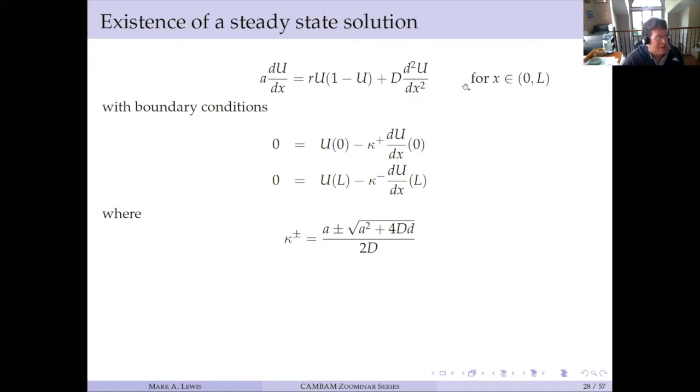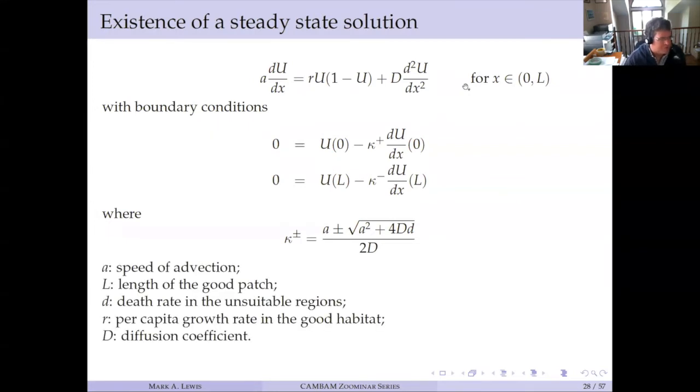One little trick that comes here is to translate this problem on an infinite domain to a problem on a finite domain. This is through these mixed boundary conditions. This is using a trick by Don Ludwig and other people from the 70s, where it's possible to actually make this conversion.